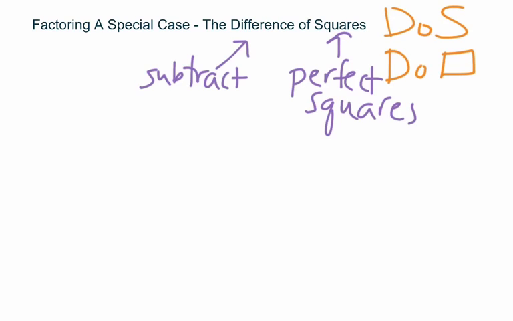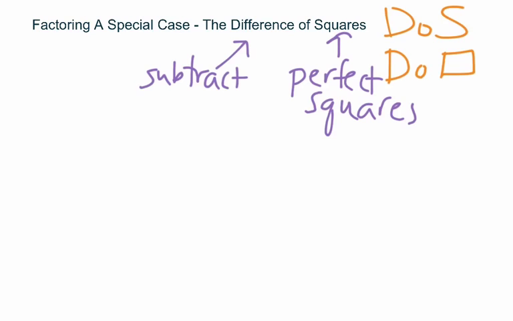So I'm going to give you some examples, and I'm actually going to work through two of the examples the long way, because what I want you to see is that this is not something different from what we covered in the last lesson. It's the same thing, except that there's a faster way to do it because it is a special case.